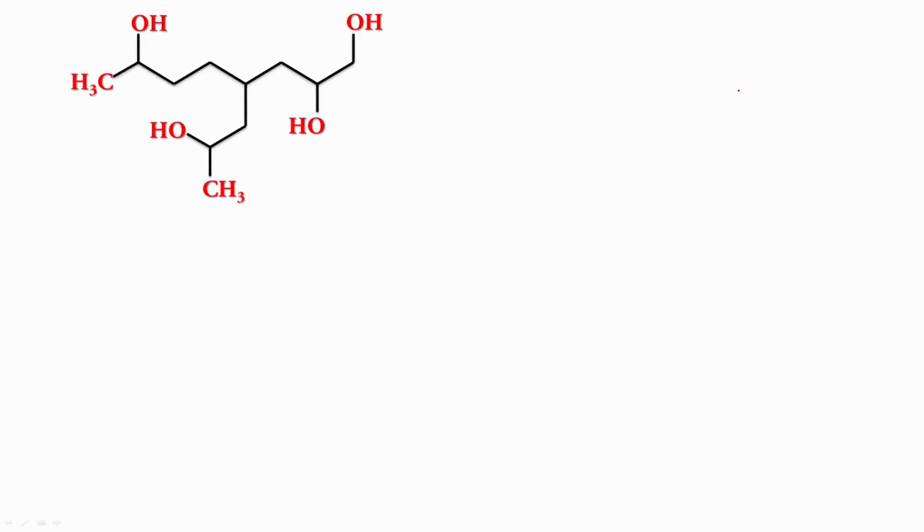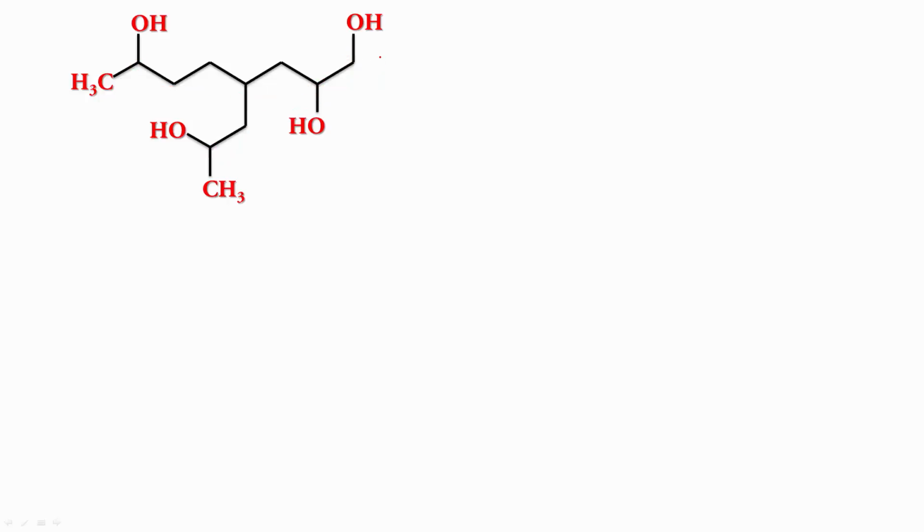So let's take this example. Alpha, alpha, alpha, and alpha. You notice any 3 are in one line. In fact, these are in one line 3 and these are in one line 3. There are only 2 such chains.